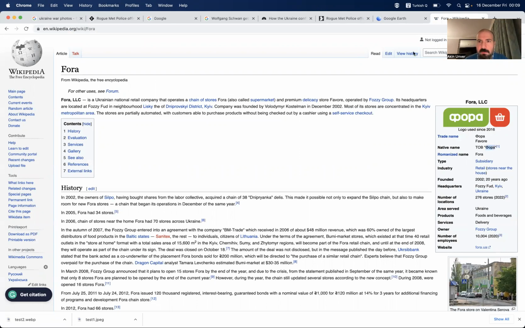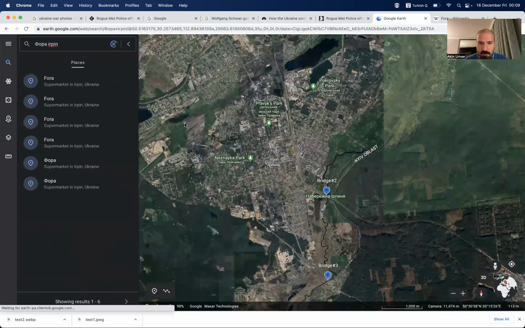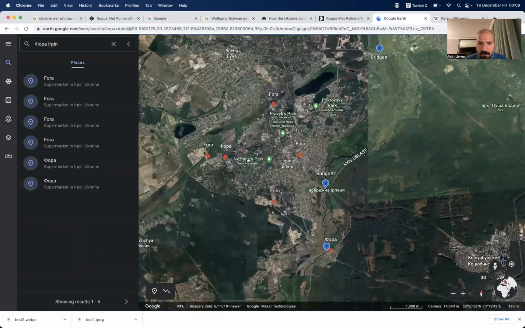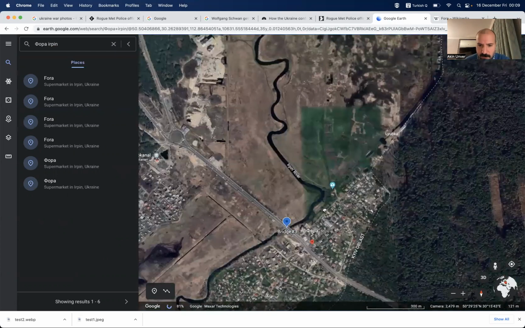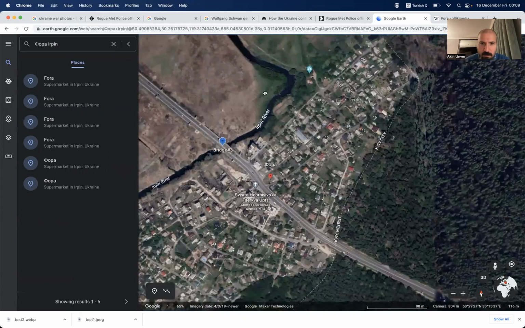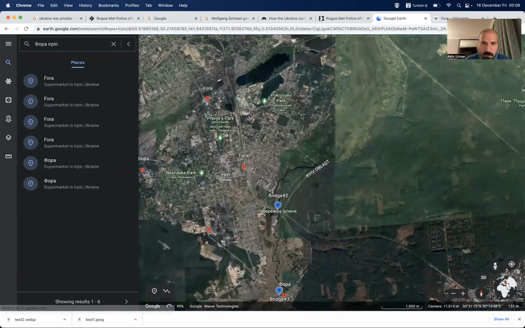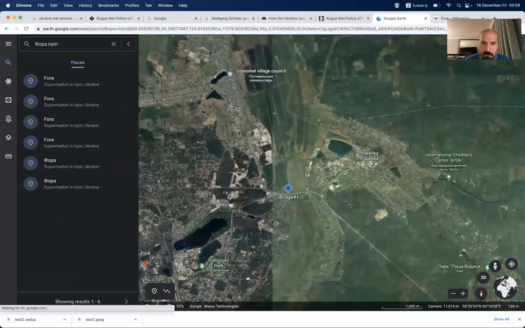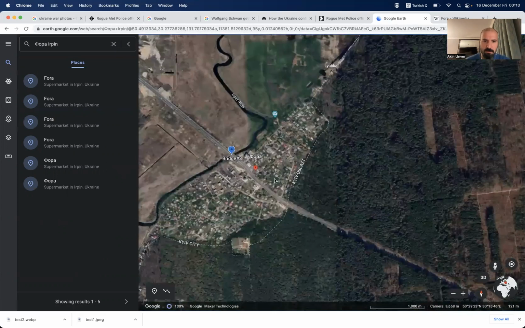So I have to copy this, and instead of Fora, I have to type this. So okay. I am getting one close Fora that is near the third bridge. Cool. Any other Fora? A Fora here, a Fora here. Nothing. Maybe this is not it, but maybe it is. I don't know.